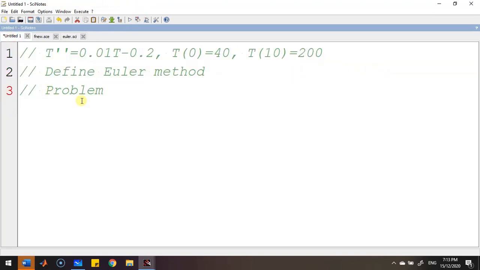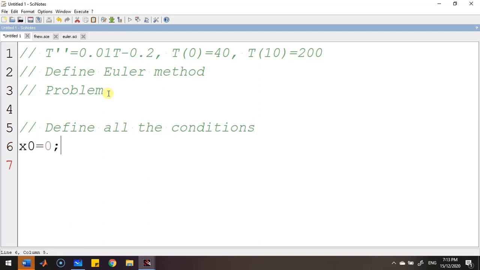Now I need to define all the given initial conditions. What do I have? x naught equals 0, y naught equals 40. So this is the value given at t.